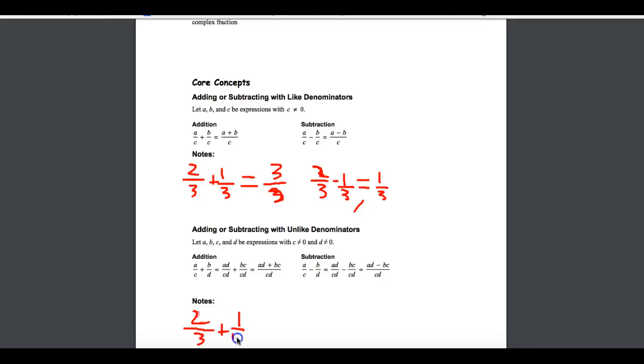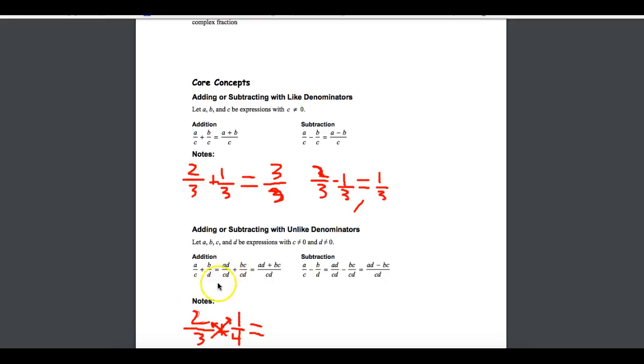Now, what we have to do here is take our denominators and make those into like denominators. In this case, our a and c values are 2 and 3, and our b and d values are 1 over 4. So we have to cross multiply our denominators with the opposite numerators to get like denominators.